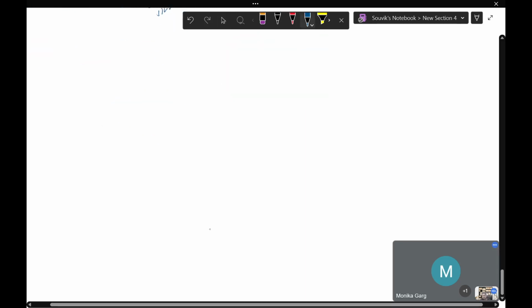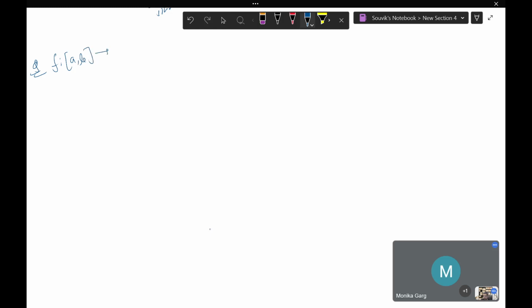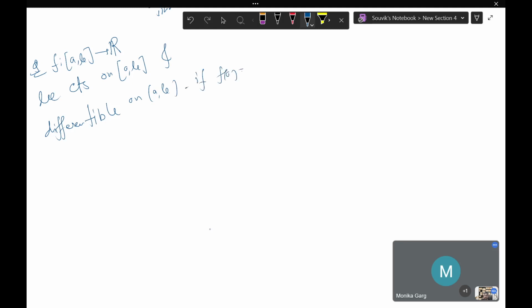Now come to the following problem. Let f from a, b to R be continuous on the closed interval a, b and differentiable on the open interval, with f(a) equal to a and f(b) equal to b. Then there exists c belonging to open interval a, b such that f'(c) is equal to 1.